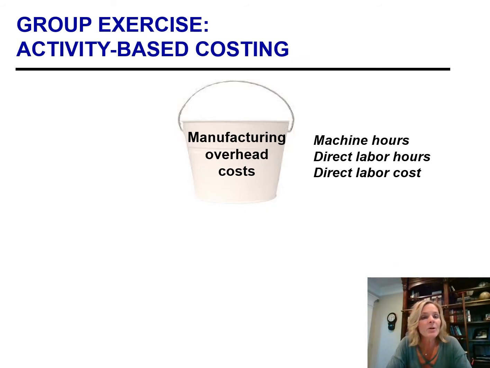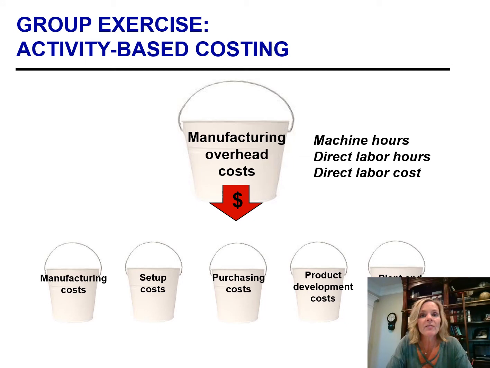All right, the first thing that we're going to do in activity-based costing is to identify cost pools. In this example, we've identified 5 cost pools: manufacturing, setup, purchasing, product development, and property and plant.